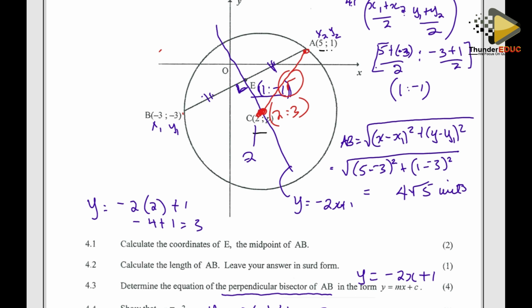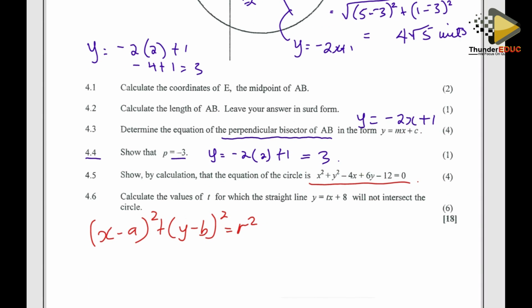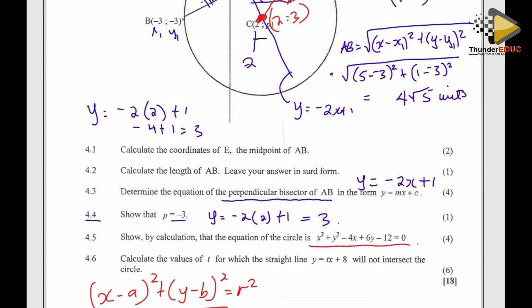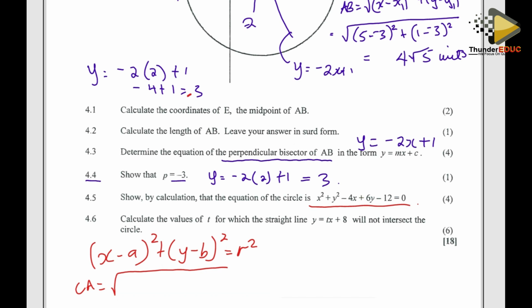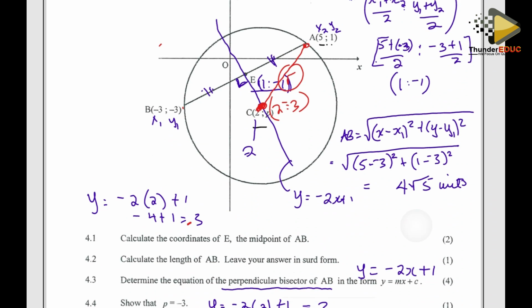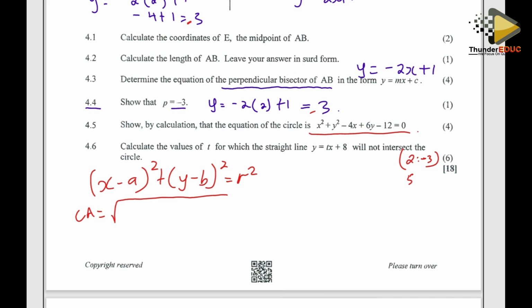I can get the distance CB either way. So CA is going to be the square root. The center coordinates are 2 and -3, and then A is 5 and 1.